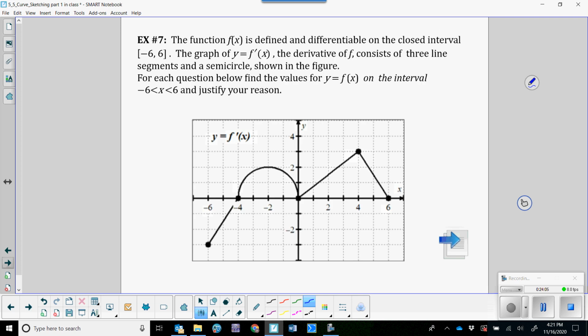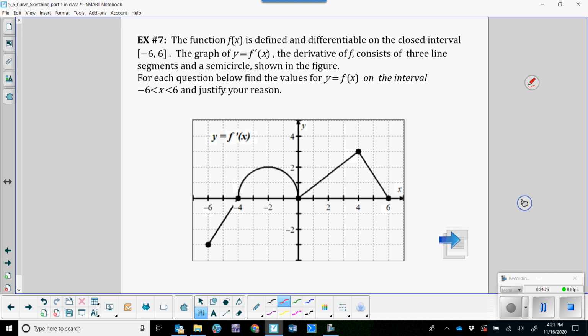So here we have this graph, and it's consisting of segments and semicircles that are listed. This graph will be really important later when we do integration, because we're going to do some other things with it, but right now we're just answering things for this chapter.